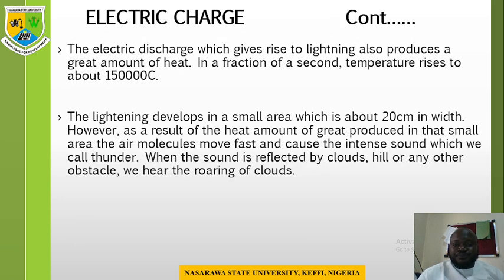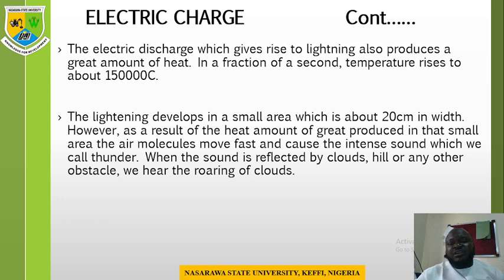Are we together? Now, electric charge continued. The electric discharge, which gives rise to lightning, also produces a great amount of heat. In a fraction of a second, temperature rises to about 15,000 degrees Celsius. The lightning develops in a small area which is about 20 centimeters in width.